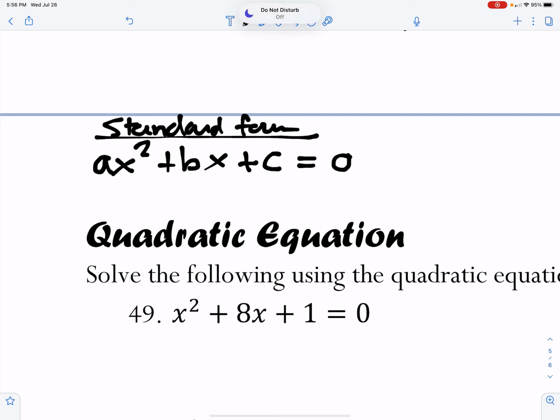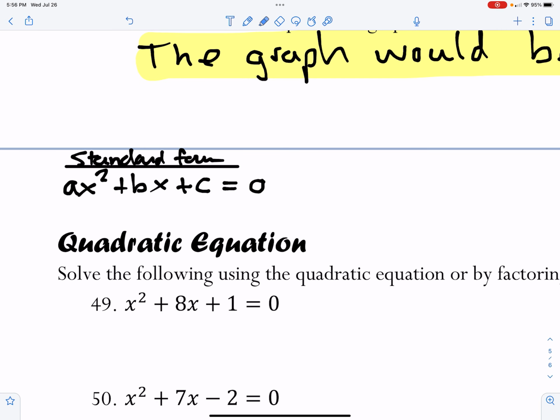Now what we're going to be doing is identifying, in each problem, an a, which is the coefficient, or the number in front of x squared, a b, which is the coefficient in front of x, and a c, which is the trailing number after x. You're going to be identifying a, b, and c to start any quadratic formula problem.